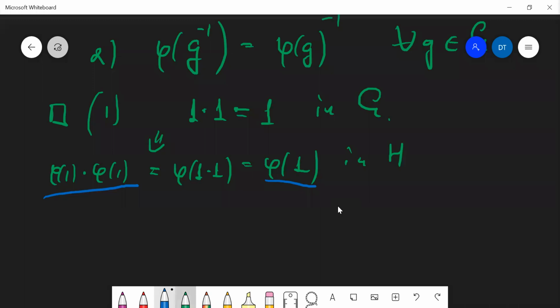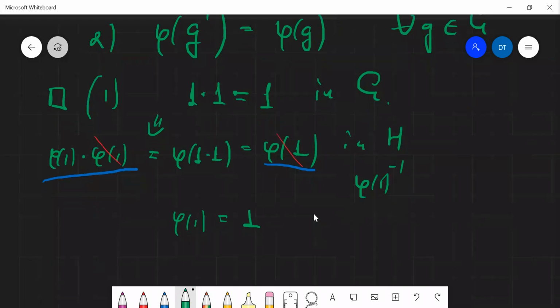But now, since every element of H is invertible, you may multiply this by phi of 1 to the power of minus 1. And this simply means that you can cancel this, and you will get phi of 1 equals 1. So this is why an identity element on the left goes to the identity element on the right. Are there any questions, just in case?